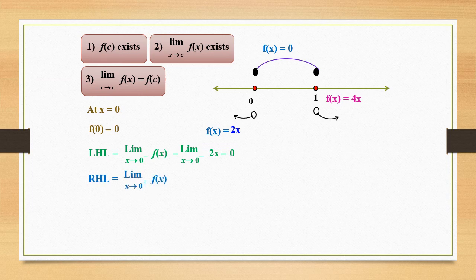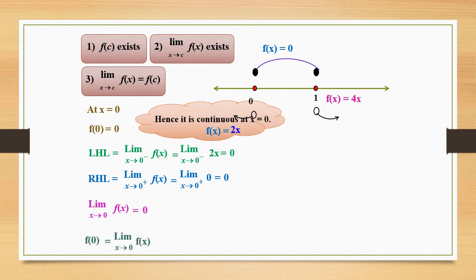Next, RHL, limit of f of x as x tends to 0 plus is equal to limit of 0 as x tends to 0 plus, which is equal to 0. So therefore we can see that LHL, RHL and f of 0, all the three values are same. So the function is continuous at x is equal to 0.